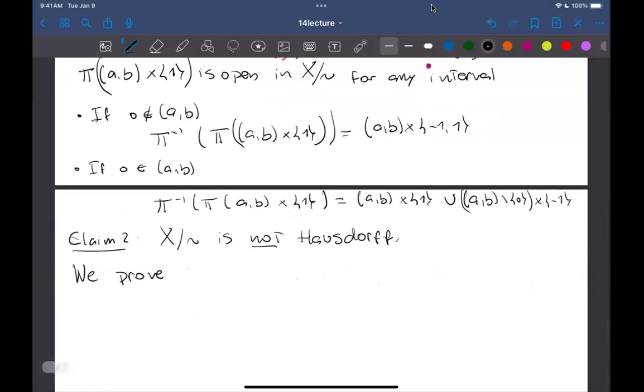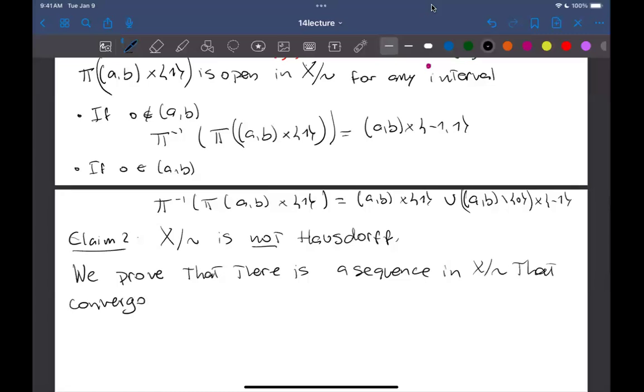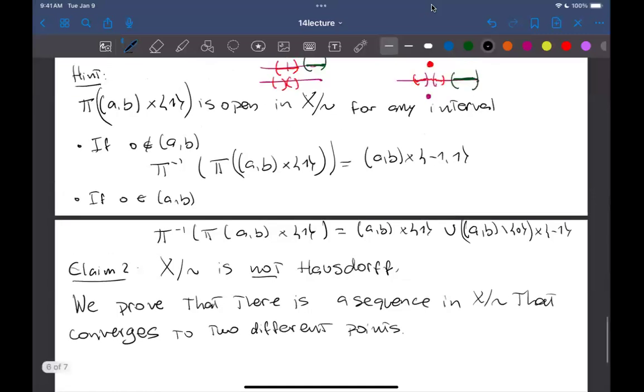So we'll construct a sequence in our function space that converges to two different points. And then that will mean that the space cannot be Hausdorff. And of course, these two different points will be the two origins.